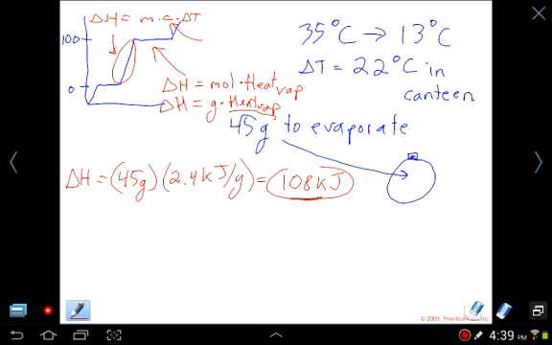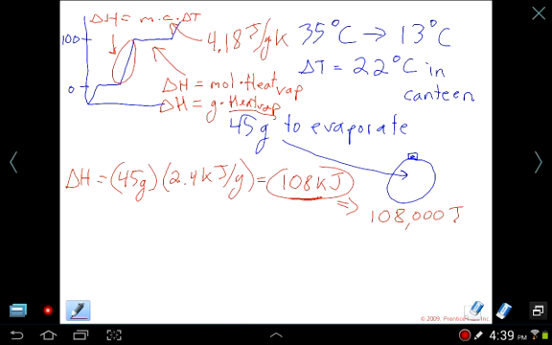In fact, C here is 4.18, this famous number from chapter 5, 4.18 joules per gram Kelvin, or degrees Celsius. So let's convert from this to joules first, and this is simply multiplying by 1,000, so we get 108,000 joules.